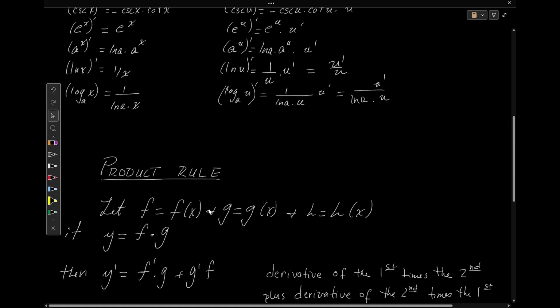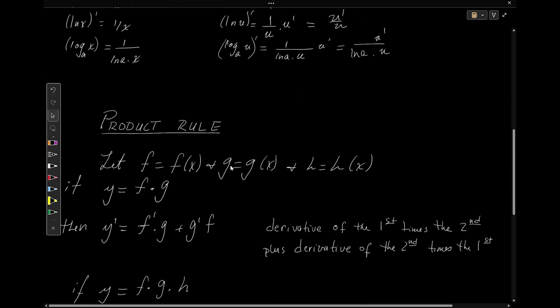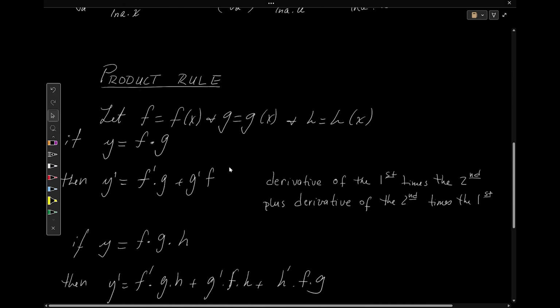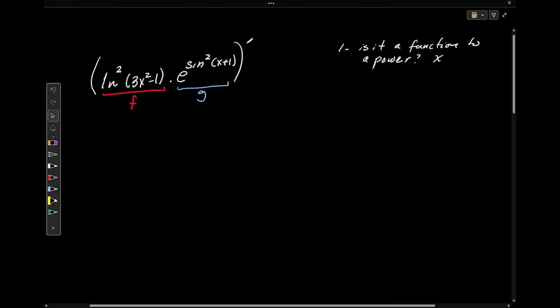If I have two functions of x multiplied, f and g in this case, not three of them, two of them, the derivative of the product is the derivative of the first times the second plus the derivative of the second times the first. Let us just apply it blindly without even worrying about what f is and what g is.